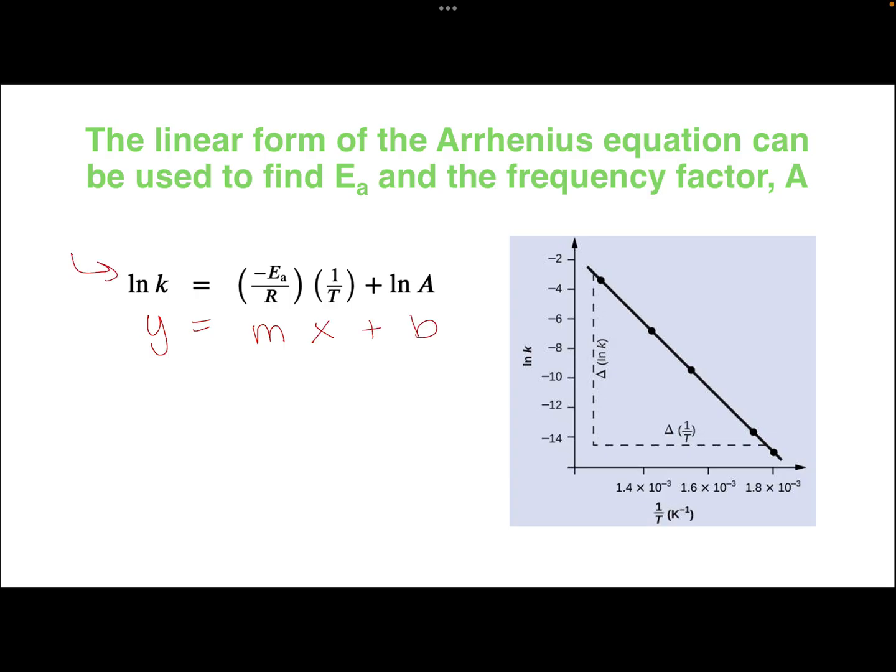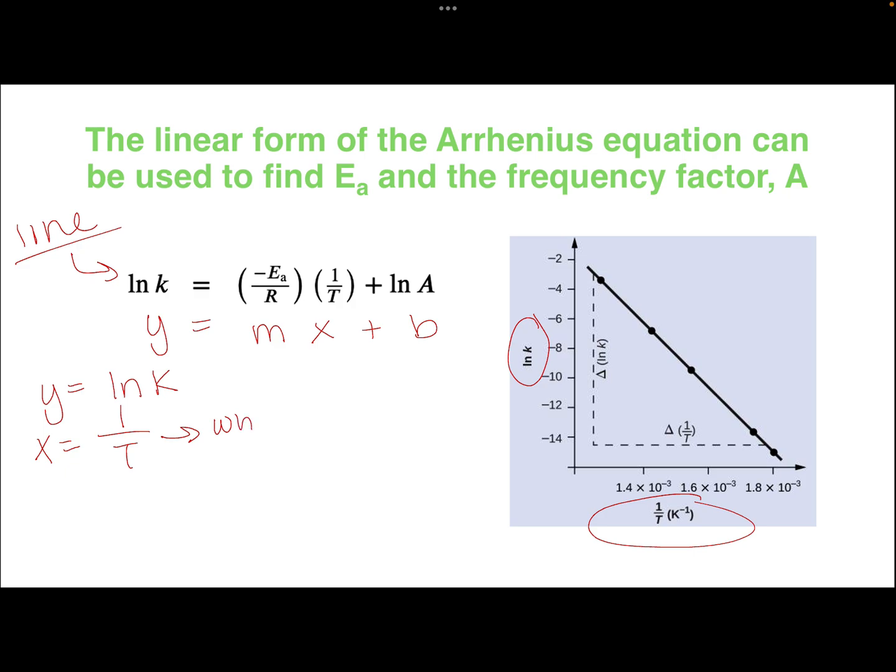So this equation makes a line, and that's really useful because it tells us that we can make a graph with the natural log of our rate constant on y and 1 over our temperature on x. Just a rule of thumb is that whatever you're changing goes on x.